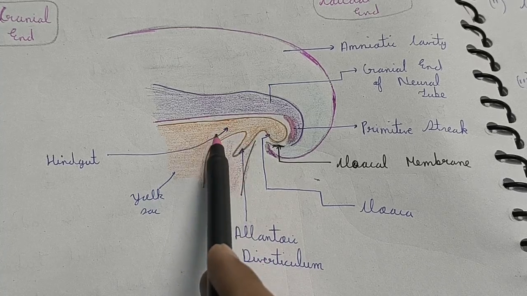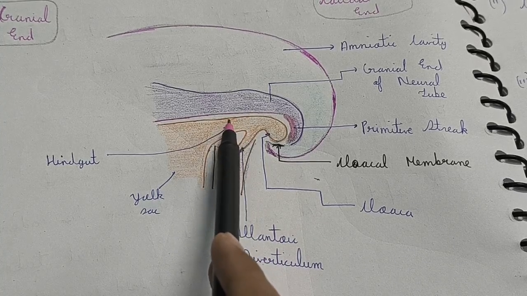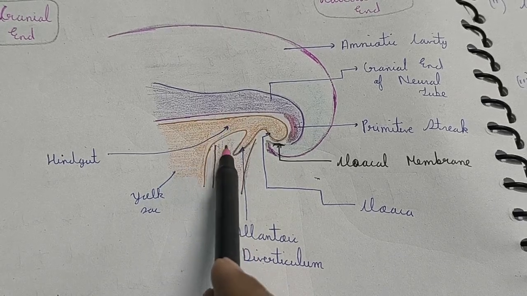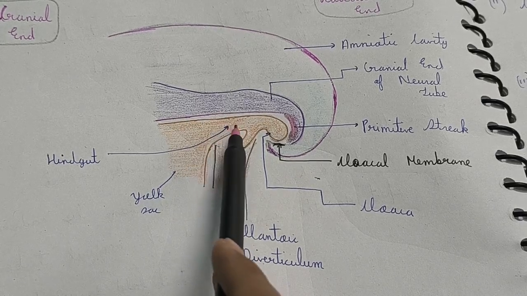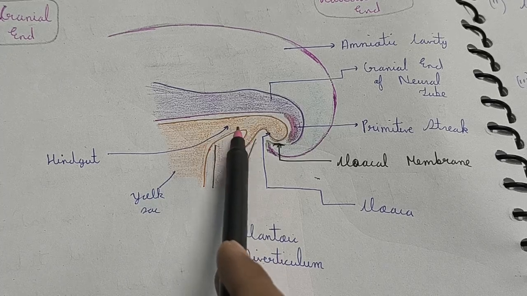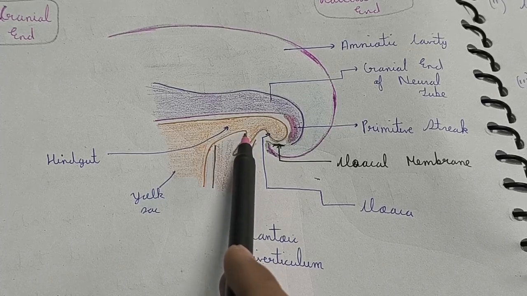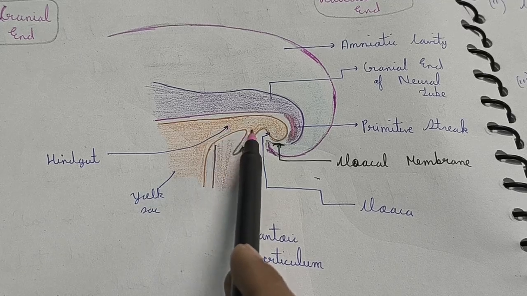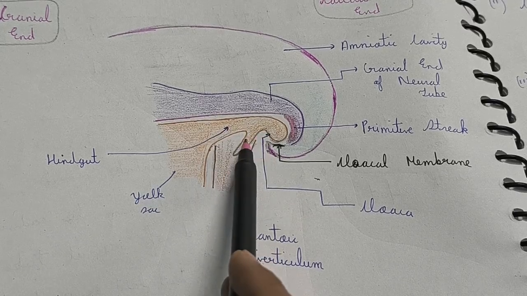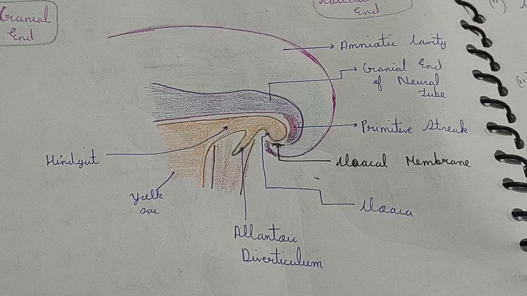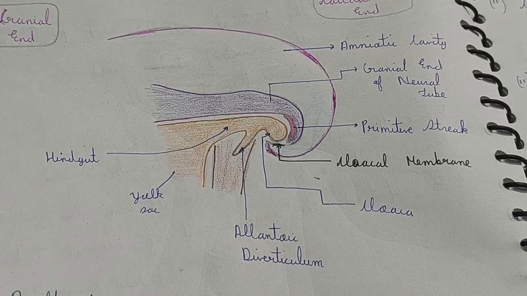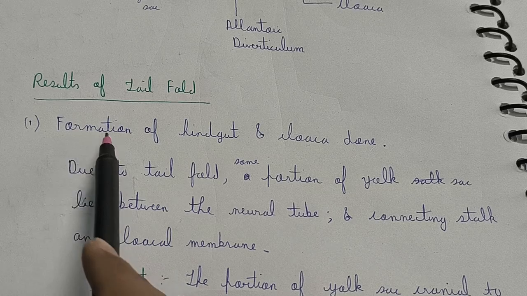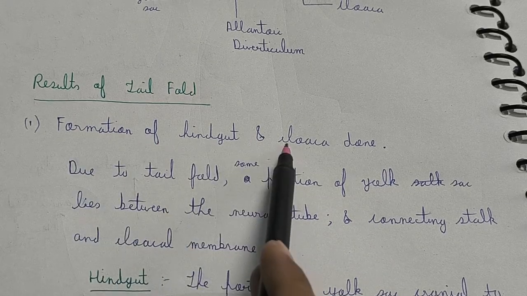The portion of the yolk sac lying between the neural tube and connecting stalk, and cranial to the allantoic diverticulum, is the hindgut, and the portion caudal to the allantoic diverticulum is the cloaca. All these are the results of the tail fold. First, I have written the formation of the hindgut and cloaca.